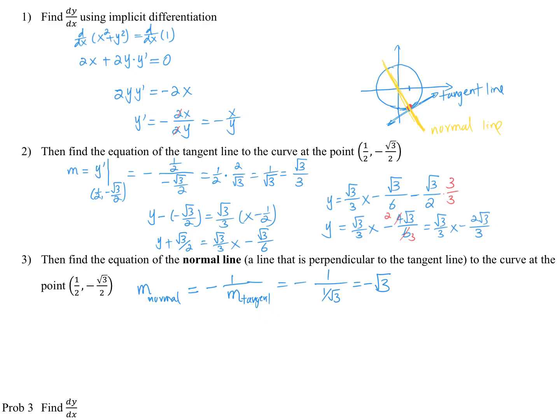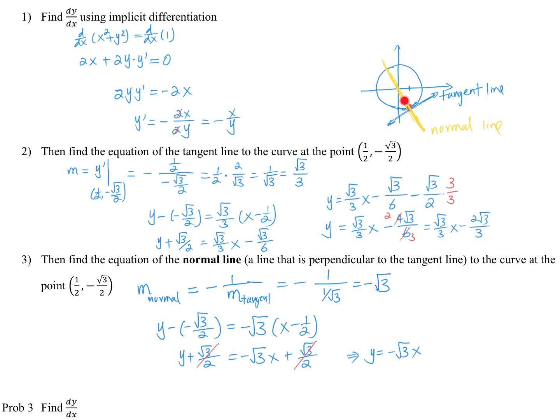And you can see that actually when you subtract root 3 over 2, these two cancel. Therefore, we have y equals negative root 3 times x. And this line actually passes through the origin.